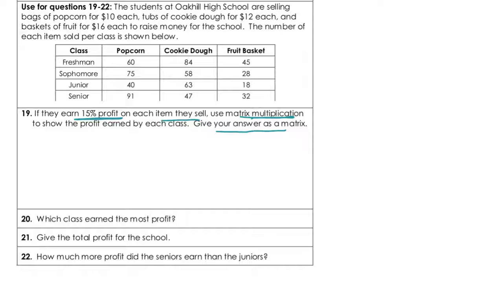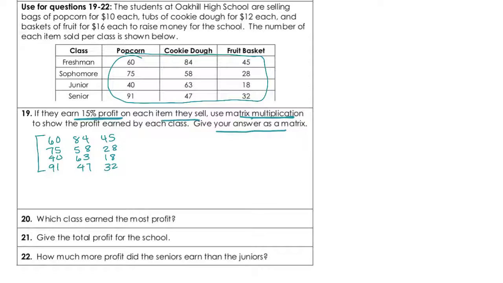Now, when we set up, just like earlier, all of these numbers here make up the first matrix that we have. And so we're going to have 60, 84, 45, 75, 58, 28. We're going to have 40, 63, and 18, and then finally 91, 47, and 32.